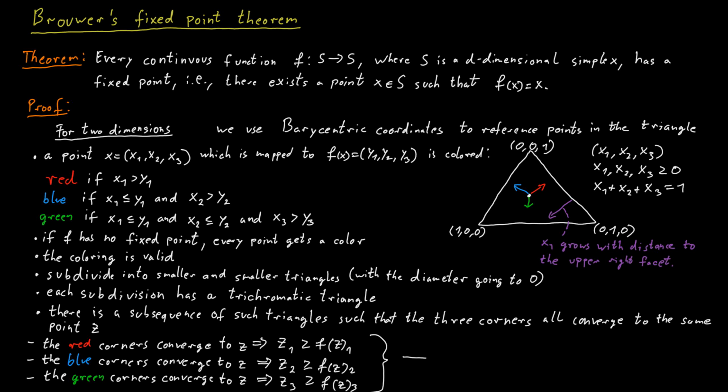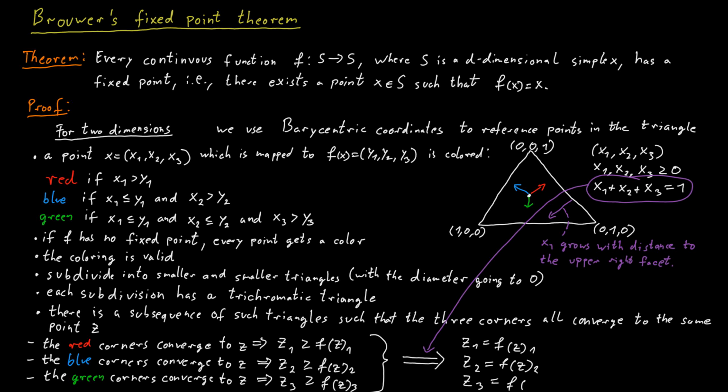So combining all of those things, together with the fact that all the coordinates have to sum up to 1 always, we get that z1 is in fact equal to the first coordinate of f of z, z2 is equal to the second coordinate of f of z, and z3 is equal to the third coordinate of f of z. And what it just means is that z is equal to f of z. And so z is a fixed point. Okay, so that finishes the proof for 2 dimensions.